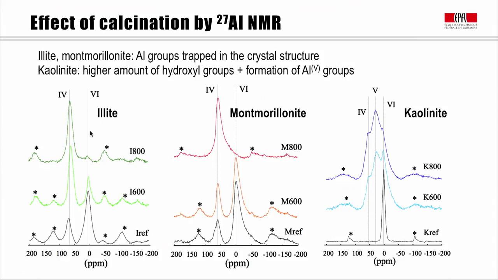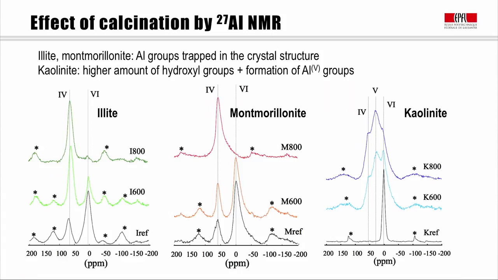So we see for the 2:1 clays, illite and montmorillonite, that as we heat these materials, we get a transition of the aluminium from the octahedral coordination in the raw clay. Octahedral has 6 apexes, so this is also called a 6 coordination, to a tetrahedral coordination or a 4-fold coordination.